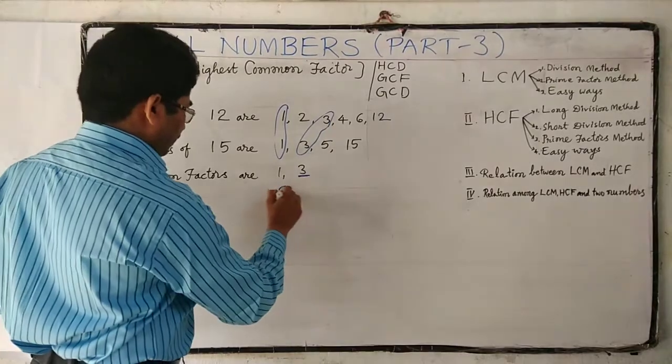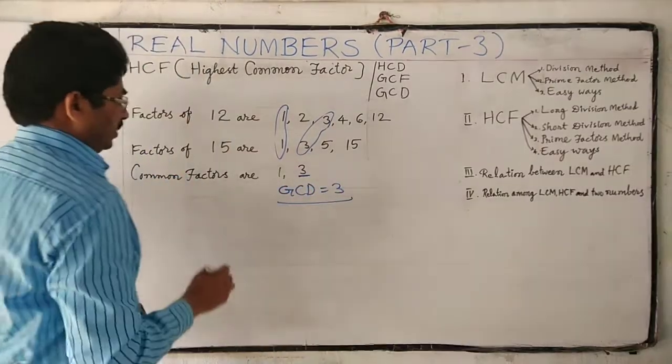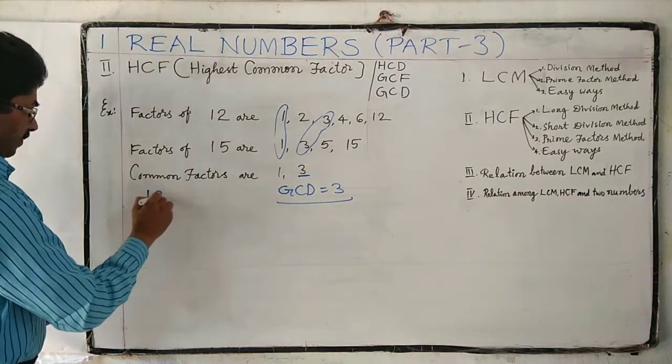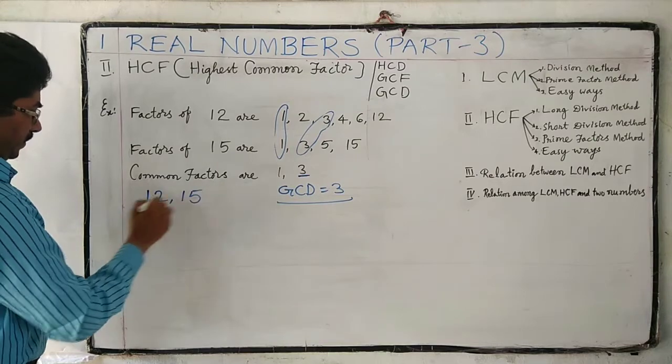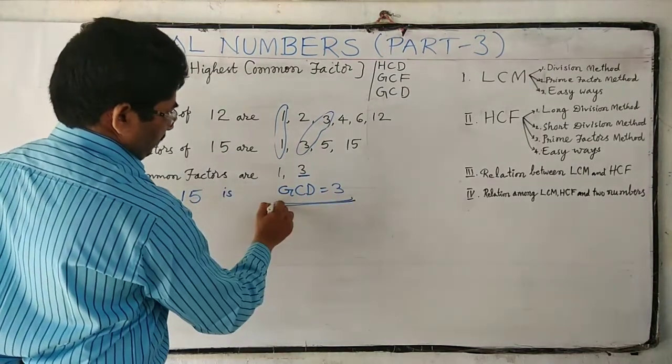So this is the GCD. GCD of 12 and 15 is 3.